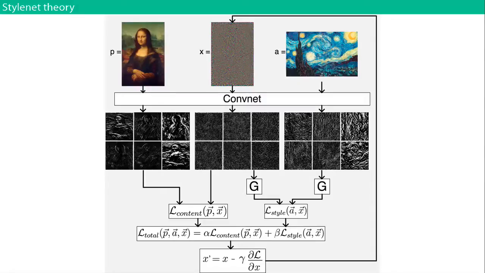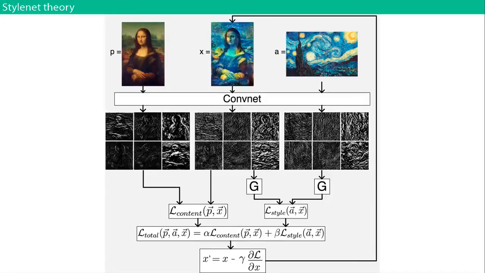In principle, there are variations which attach extra terms that deal with regularization stuff, which I'll mention for those who get interested. But the main thing that it's trying to do is minimize the content loss, which is a sort of dissimilarity in the content, and I'll put quotation marks around content, of the content image, which is here the Mona Lisa, and the output image, which is being generated here, right?